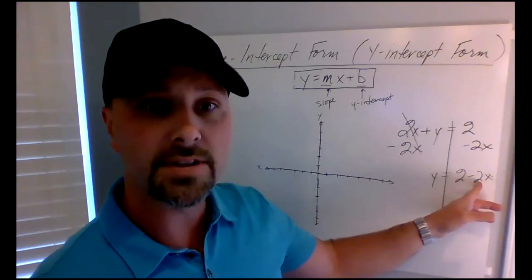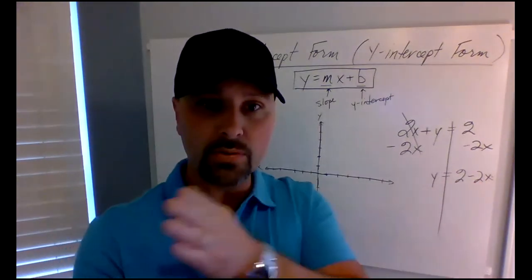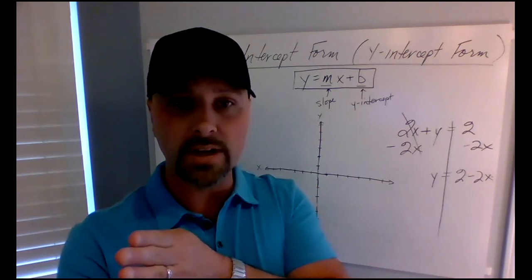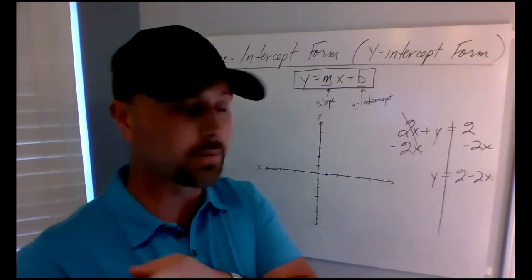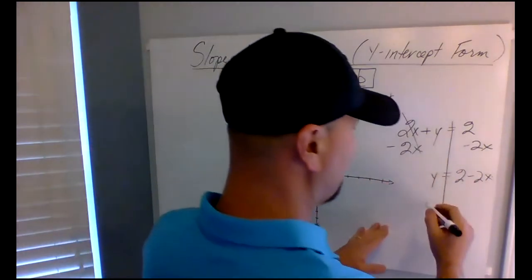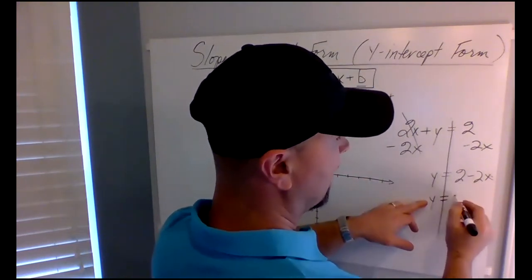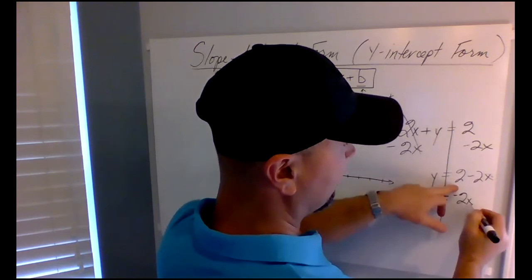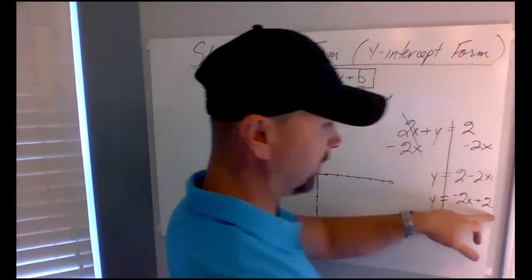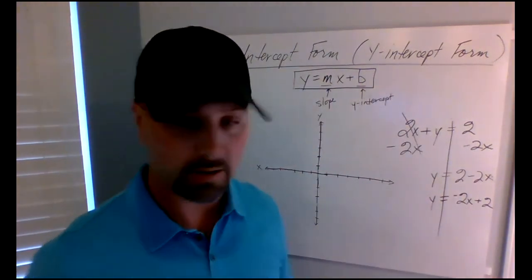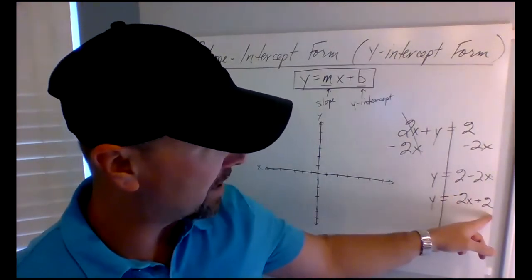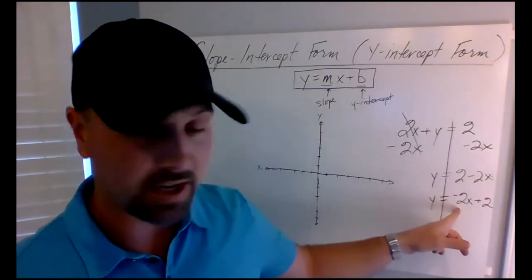This 2 is a positive. This 2 is a negative. So if I'm going to rewrite them and put them in the other order, I need to make sure I get my signs in the right spot. So if I rewrite this, it's going to be y equals negative 2x plus 2, because this 2 is positive, this 2 is negative.